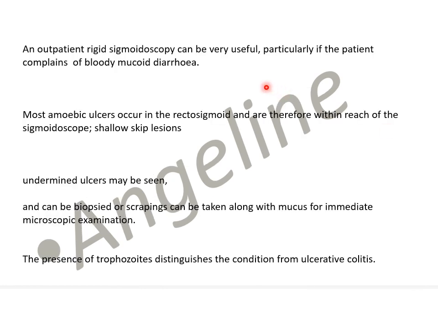In the outpatient itself, you can do a sigmoidoscopy. If the patient complains of bloody mucus diarrhea, the ulcers occur in the rectosigmoid and they are easily within reach of the sigmoid scope and they are shallow skip lesions. Undermined ulcers may be seen and they can be biopsied or scrapings can be sent.